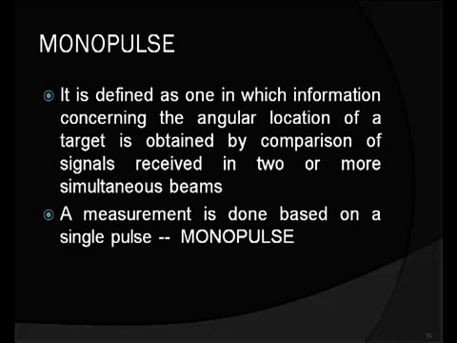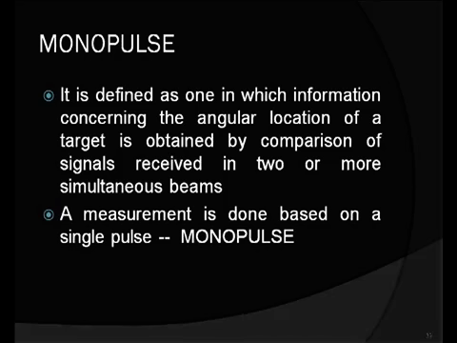It is defined as one in which information concerning the angular location of a target is obtained by comparison of signals received in two or more simultaneous beams. A measurement is done based on a single pulse.